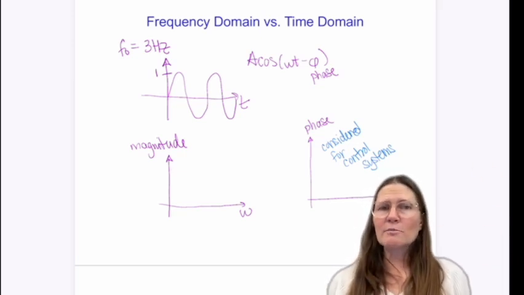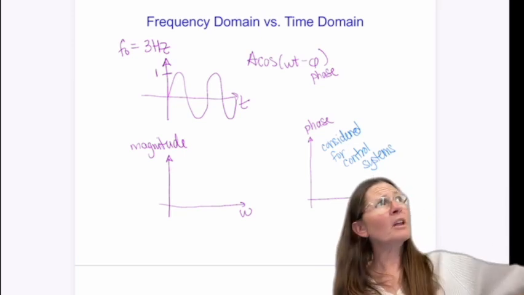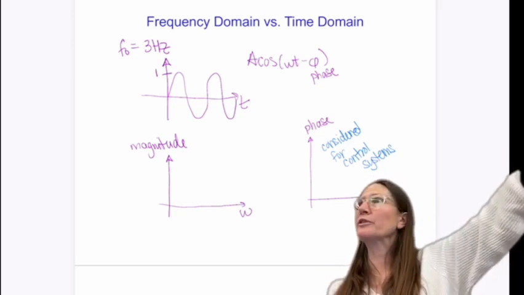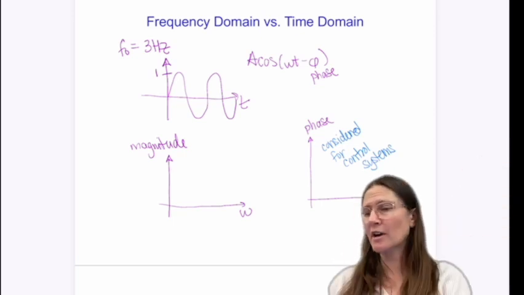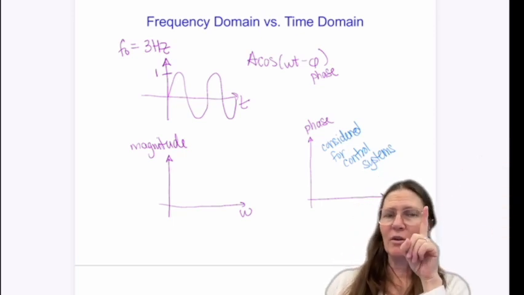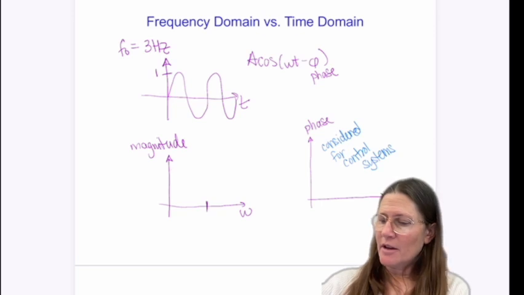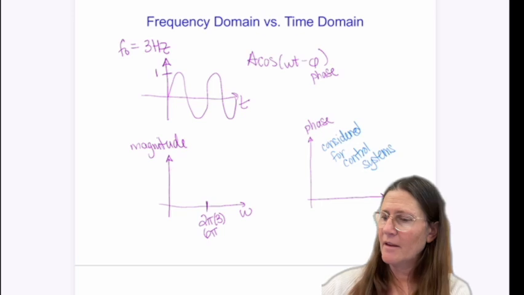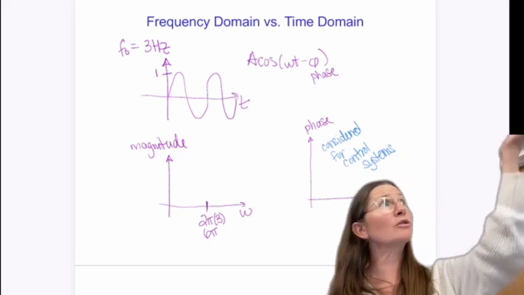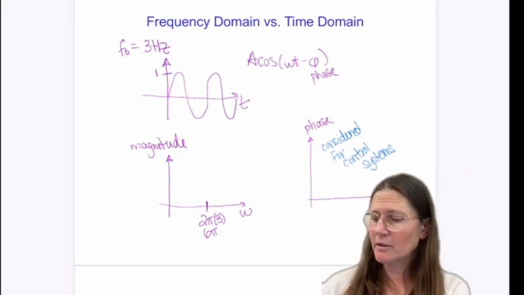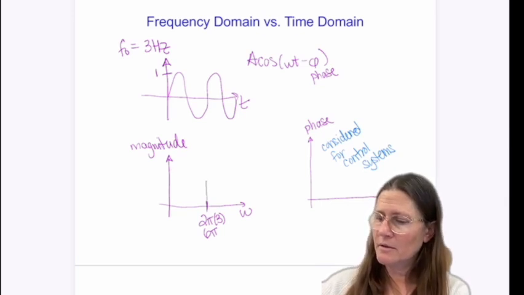On your magnitude, if I am looking at only one frequency, which is 3 hertz in this case, I'm going to get one point on here at 2 pi f, which is 3, so it's 6 pi. It's going to have an amplitude of 1 in this case, or A. And it's going to be 1 point on this graph.